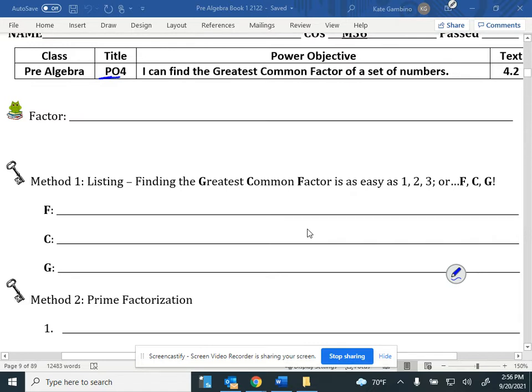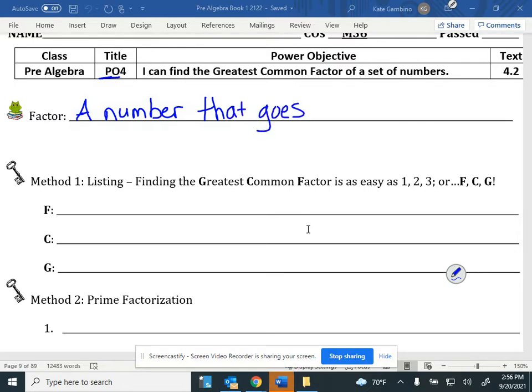We are going to start with our factor. A factor is a number that goes evenly into the given number.